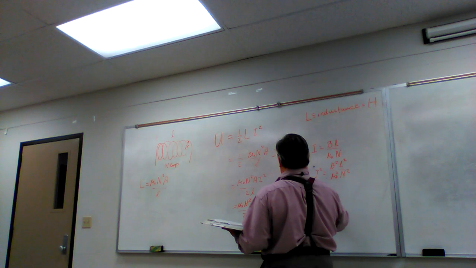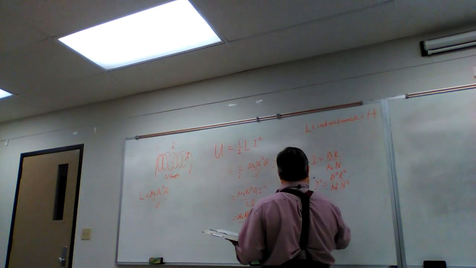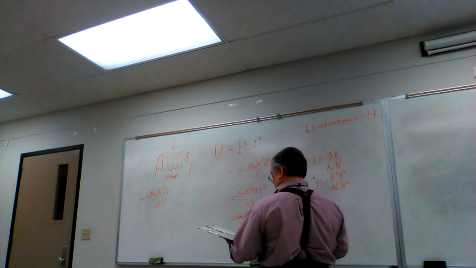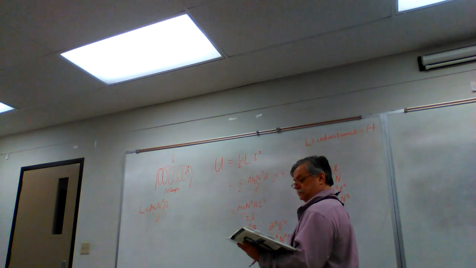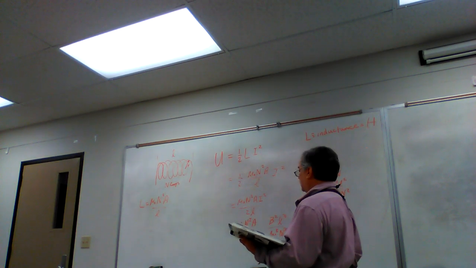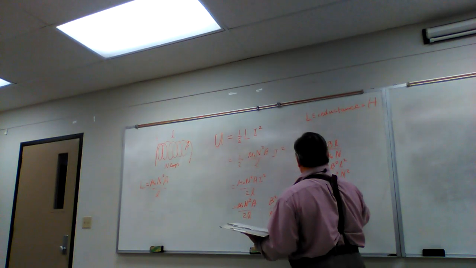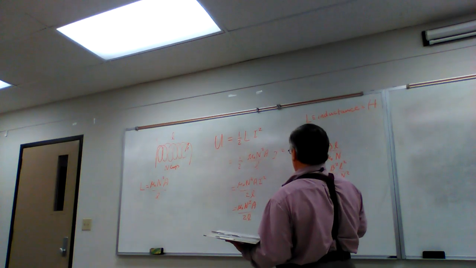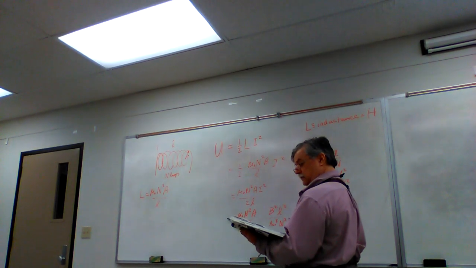B squared L over 2 mu sub naught. Did I get that right? Yep. Well, they do away with the L. Yeah, times area. Why did they get rid of the L?